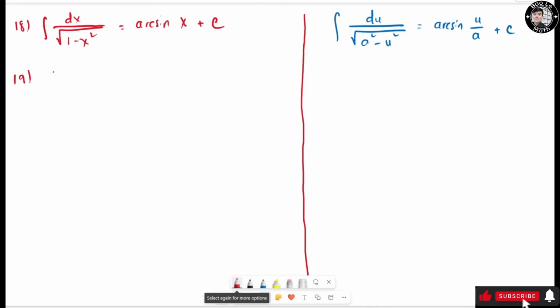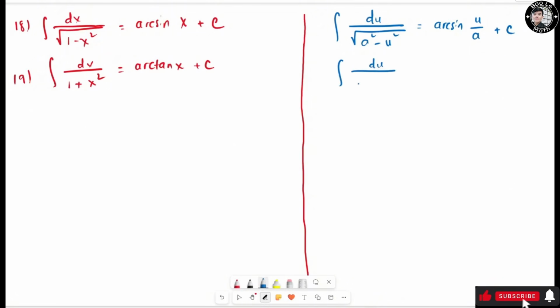Number 19. If you have the antiderivative of ds over 1 plus s squared, it's going to be inverse tangent s plus c. If you have the antiderivative of du over a squared plus u squared, it equals 1 over a times inverse tangent of u over a plus c.